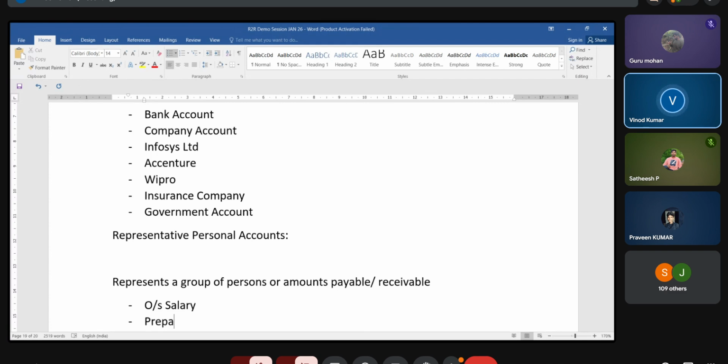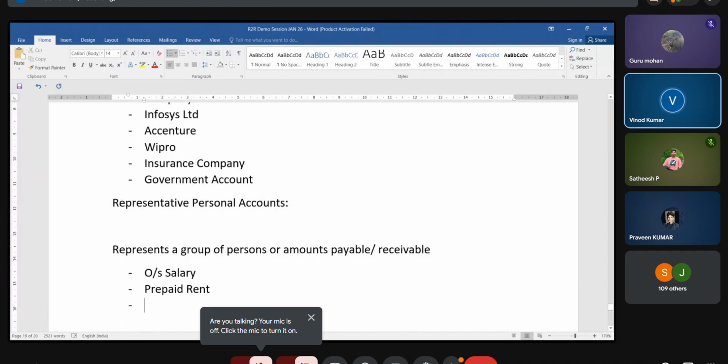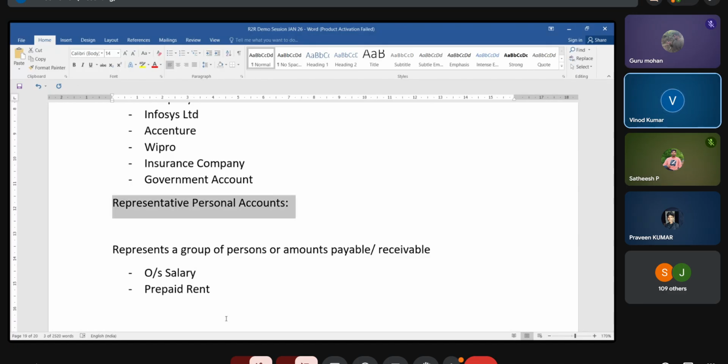Prepaid rent. Okay, these are all the same, guys. These are all outstanding representative personal accounts, where an amount has to be paid to a group of persons or received from a group of people.